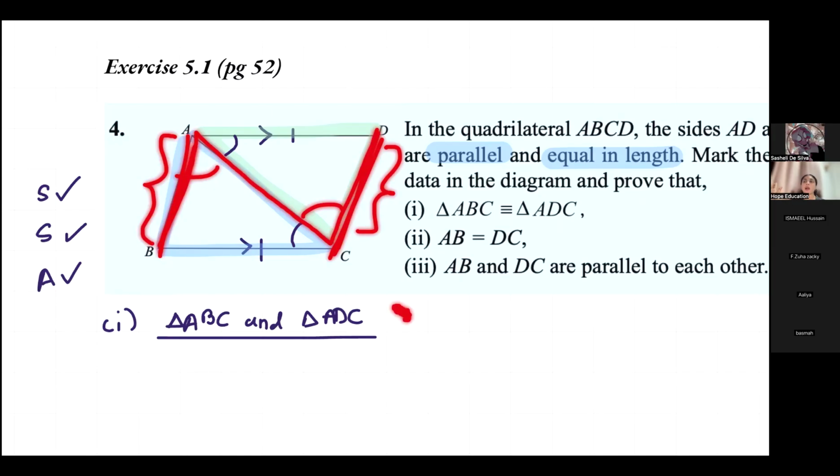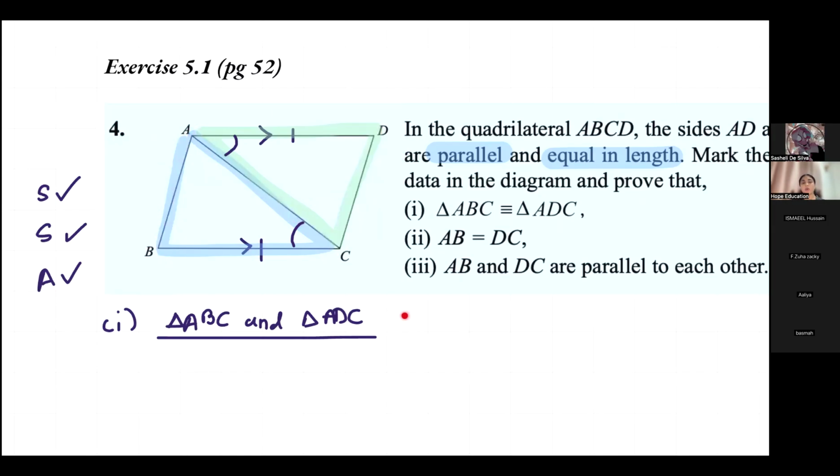Okay. And then those sides go out. What else do we have? Okay. What about this? Is this angle equal to this angle? Might be equal, but anyway we can say it. Do we have reasons to say it?